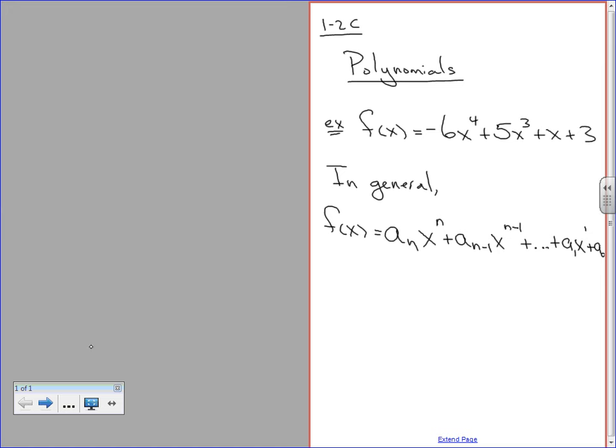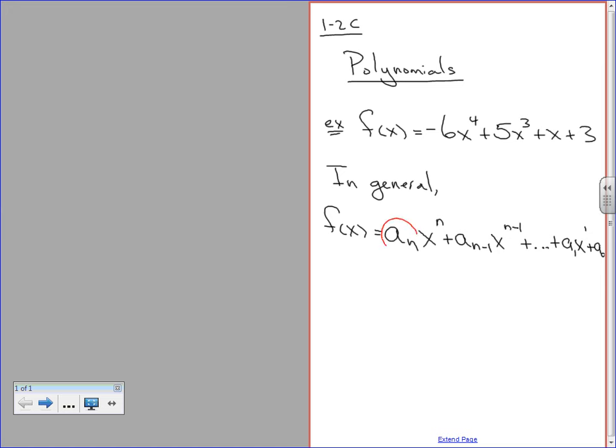So this is just this in general. Okay, so this will cover any single polynomial. Doesn't matter if the highest exponent is 10 and then the next one could be 9. Every single exponent doesn't need to be represented. It can go from, like this guy here, 4, 3, and then skip the 2 and then down to 1. Okay, it doesn't matter. They don't have to all be represented.